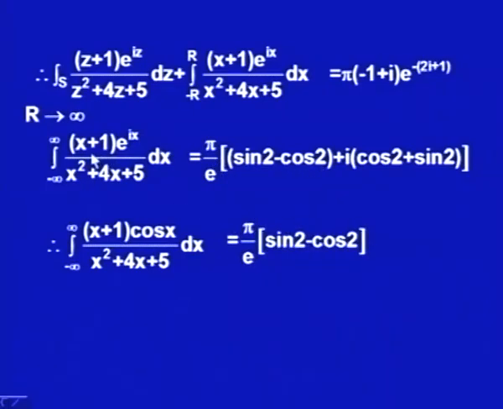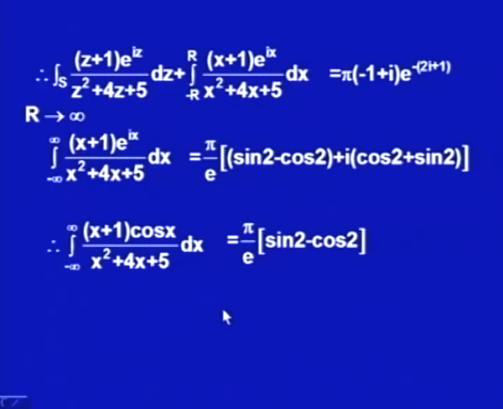If I have to find the imaginary part, that is, if it had been sin x, I would have used this imaginary part. So, today we have learned that even if our function f does not satisfy the degree condition, there is one more result we have learned, called Jordan's lemma, which says the integral from 0 to pi of e to the power minus r sin theta d theta is bounded by pi upon 2r.